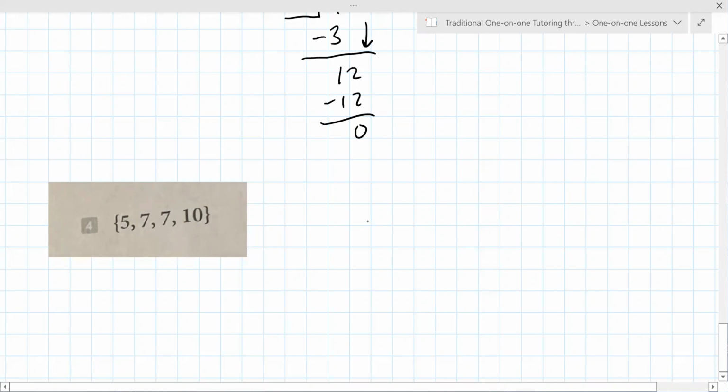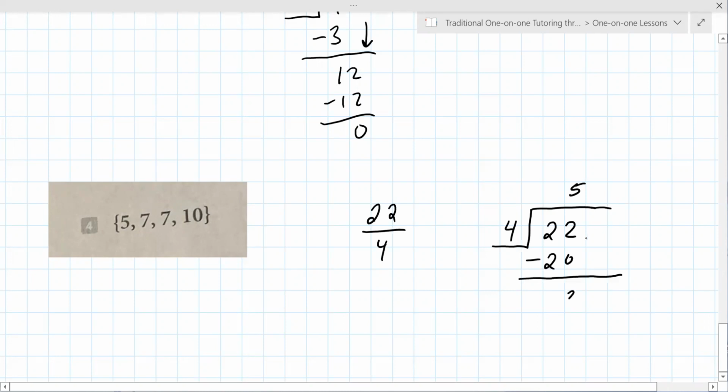So I think you said 22 divided by 4 like this. Is that right? So this one you do have to work out a little bit more. So it goes in 5 times. And then you have to append a .0 and bring that down.